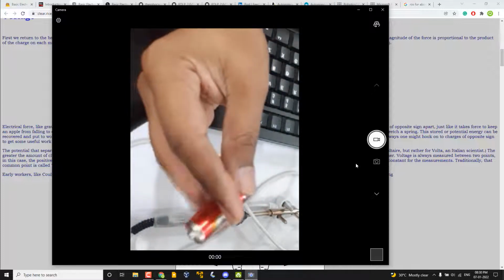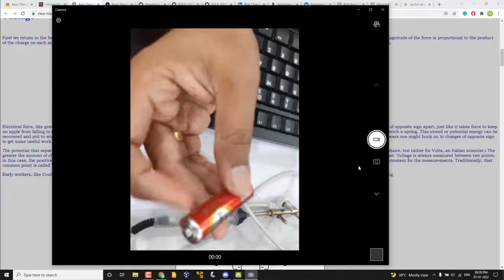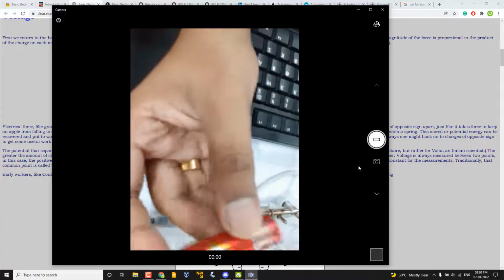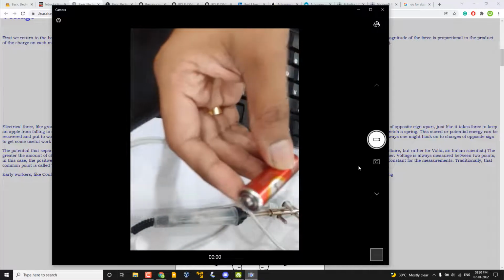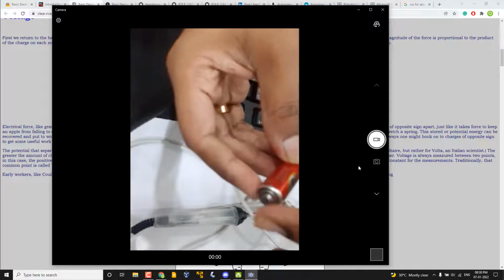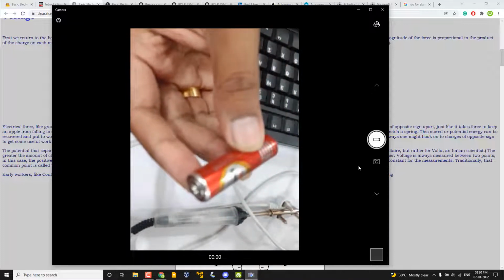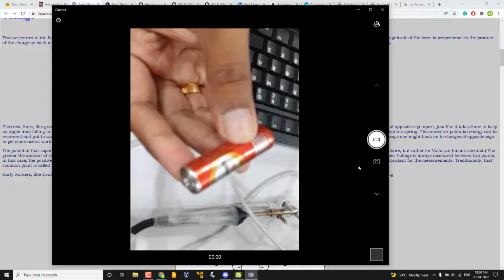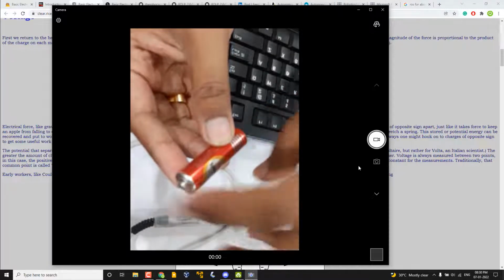When you connect the positive to negative, the charges will flow and try to neutralize. But the problem is when it neutralizes, it also generates heat. This condition is called a short circuit if we connect positive to negative.